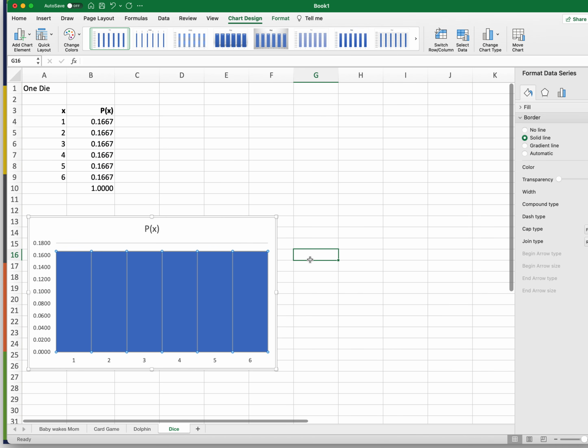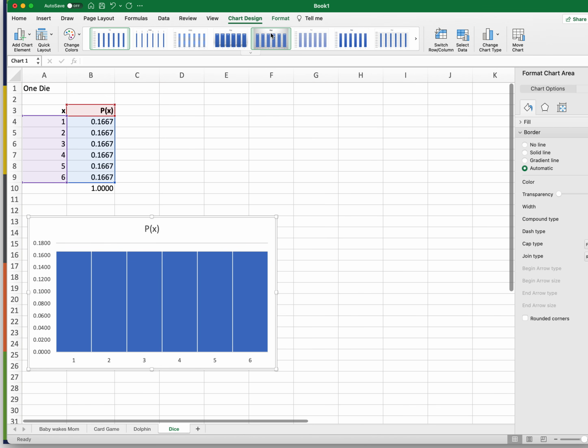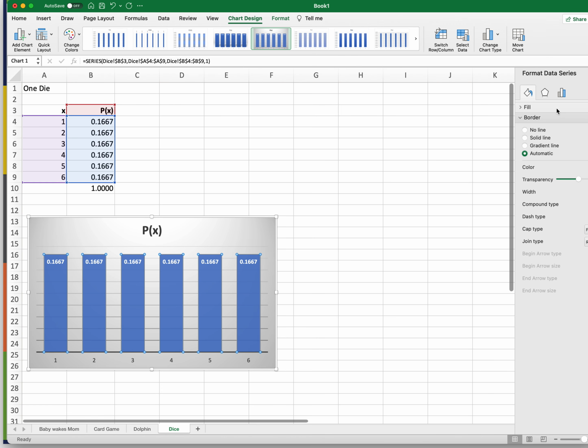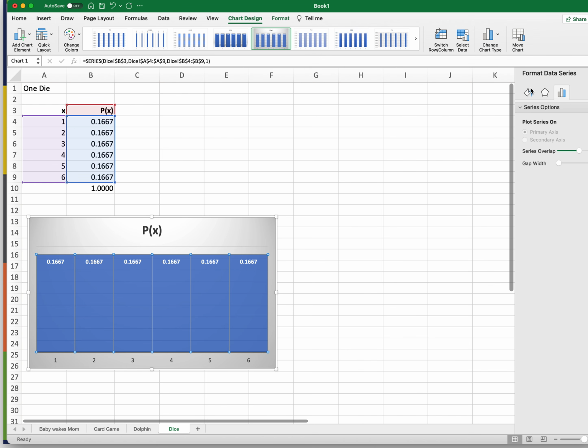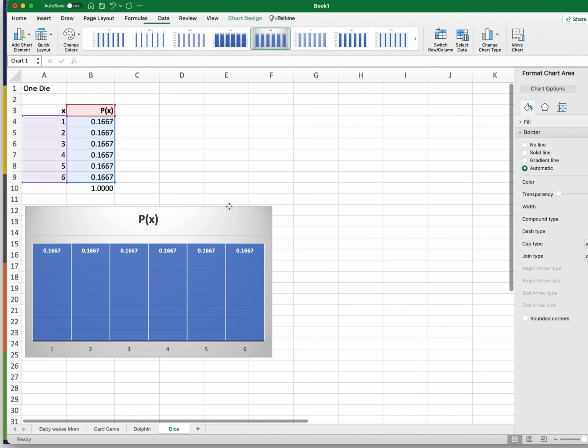And by doing that, it puts my probabilities there. I still have to go back and get rid of the gap, and put my solid line, make it white. Well, okay, so there's my probability density function.